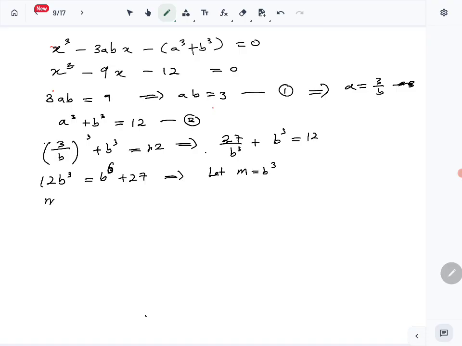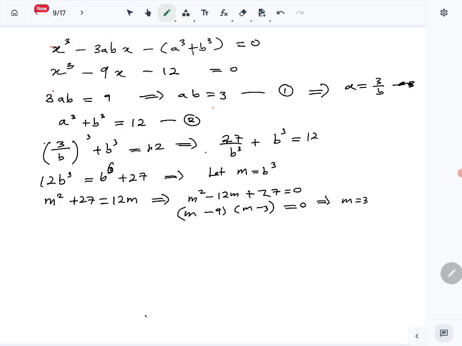So then we have m squared plus 27 equal 12m, or m squared minus 12m plus 27 equal to 0. So m minus 9, m minus 3 equals 0. So m equals 3 or m equals 9, right?